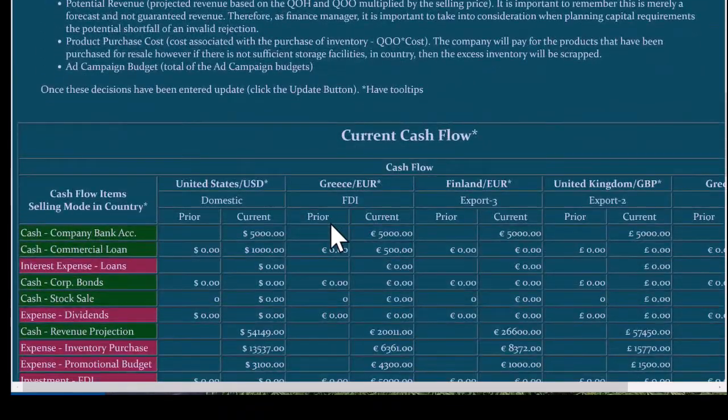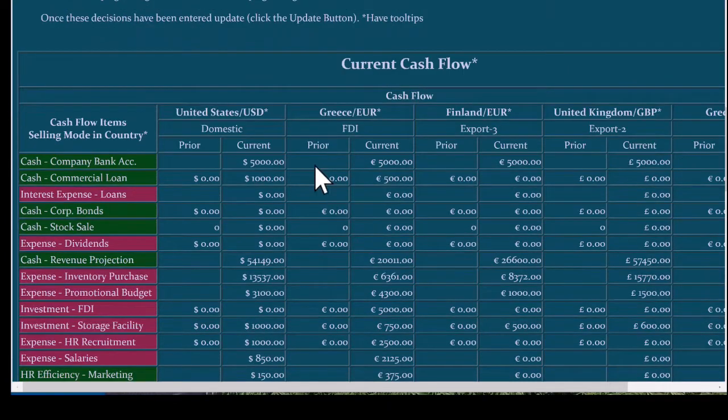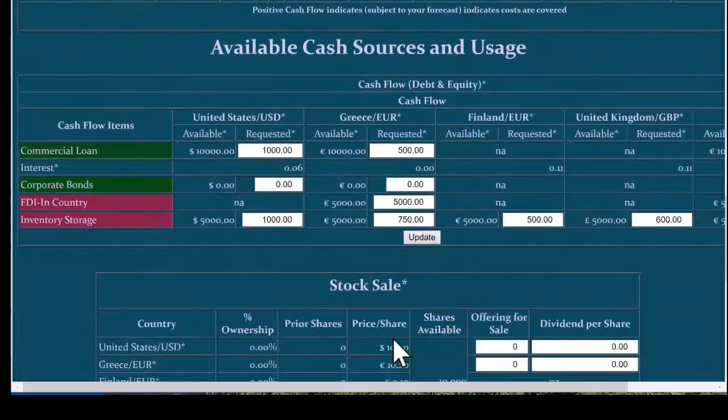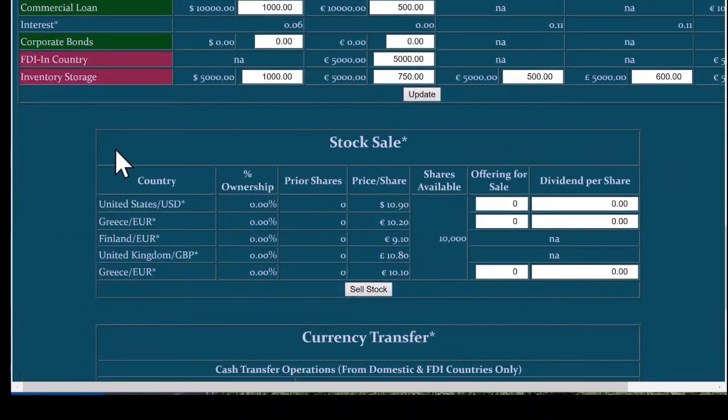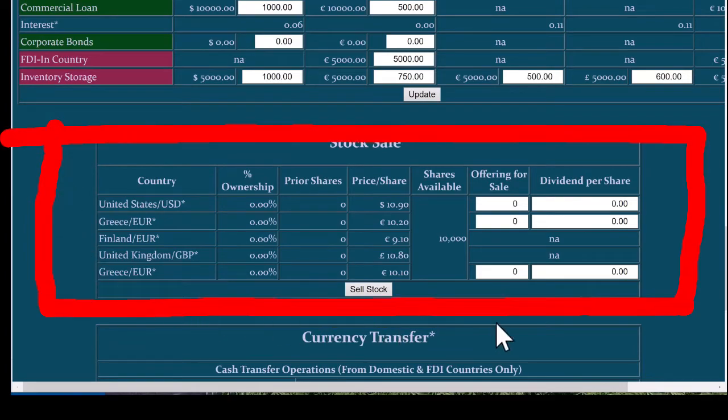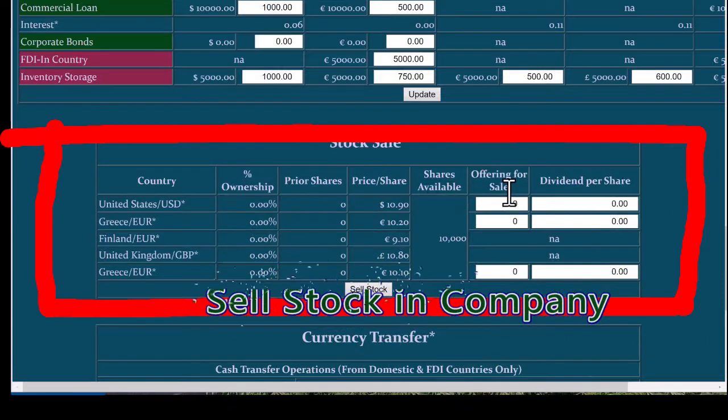The second source, if you will, of capital, looking at the cash flow, and now you have made your decisions and you sit there, the second source you now can go to is in terms of selling stock. Again, you can only sell shares of stock in the corporation in countries in which you are doing business as domestic or FDI.